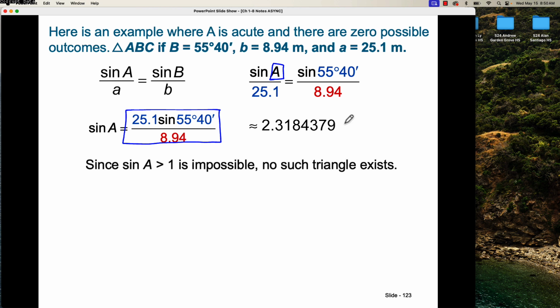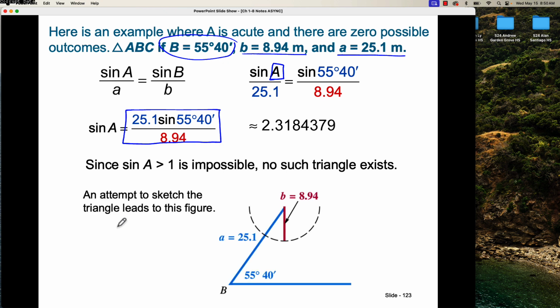We know that sine bounces between +1 and -1, so since sine of angle A is greater than 1, it's impossible. There's nothing wrong with that. We just have the result that no such triangle would exist with this side length and this angle measure.